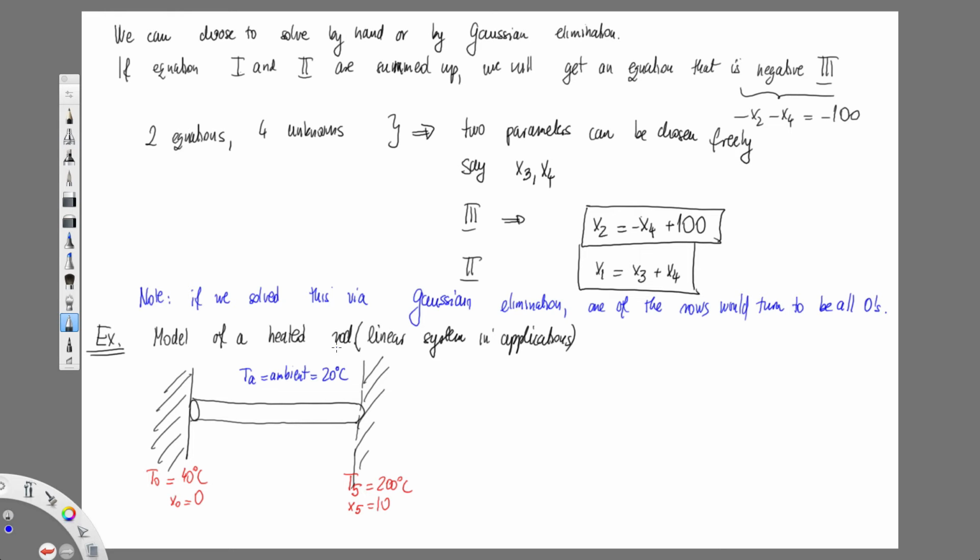So basically there's a heat equation for this system, which says d squared T over dx squared plus h, where h is my transfer coefficient, times ambient temperature minus T, is equal to 0.